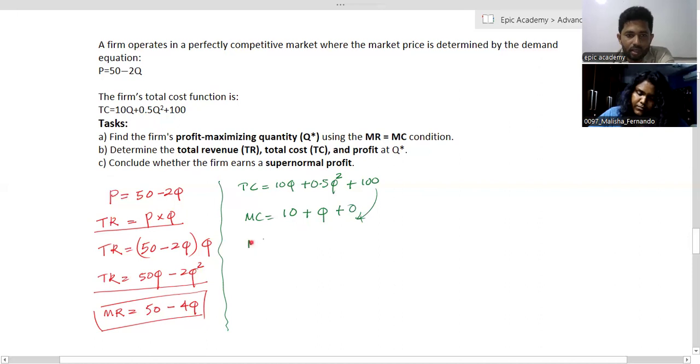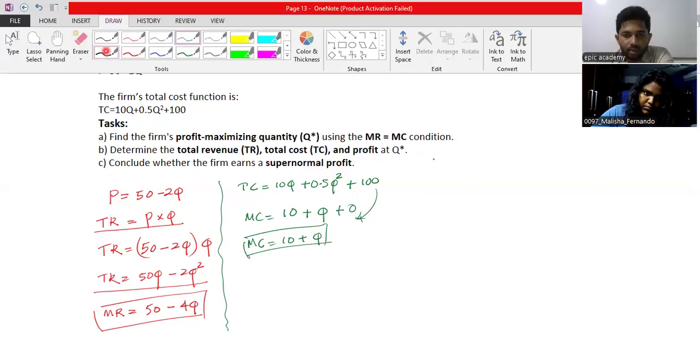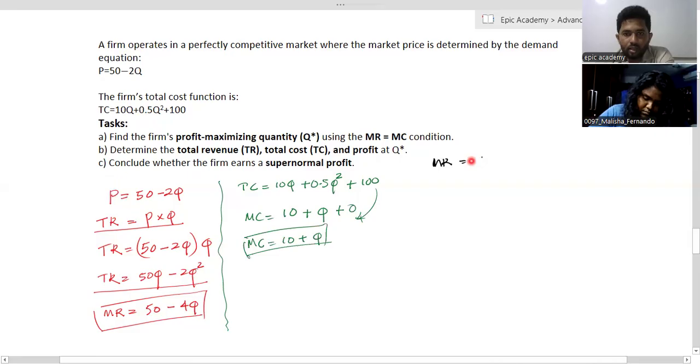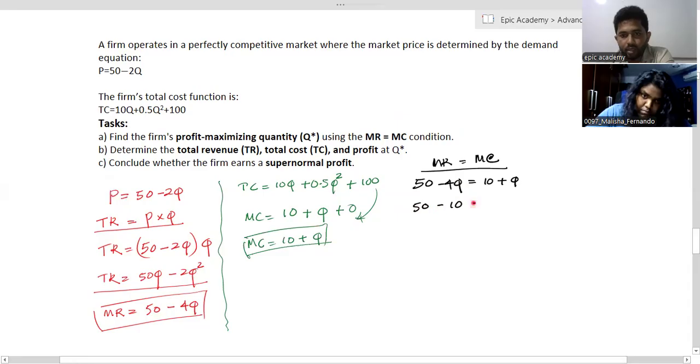So then MC equal 10 plus Q. So now you got the value for the MR and the MC. MR is 50 minus 4Q. MC is 10 plus Q. Yes. 50 minus 10 equal Q plus 4Q.